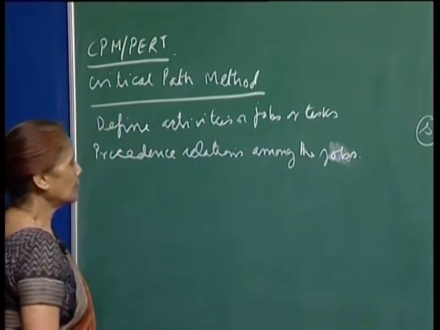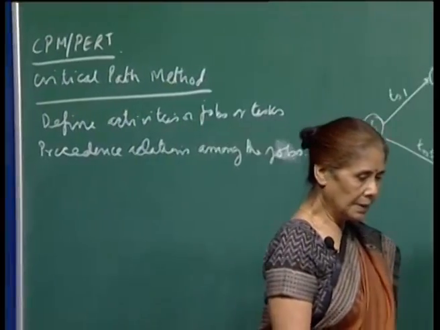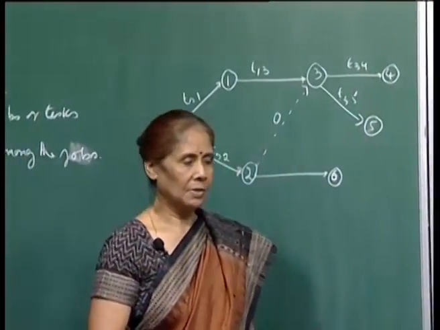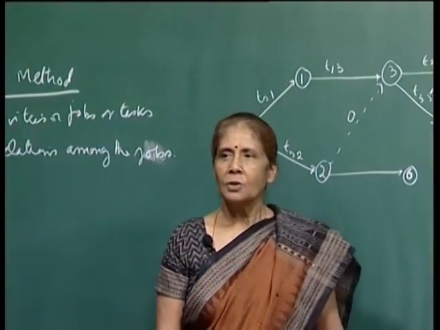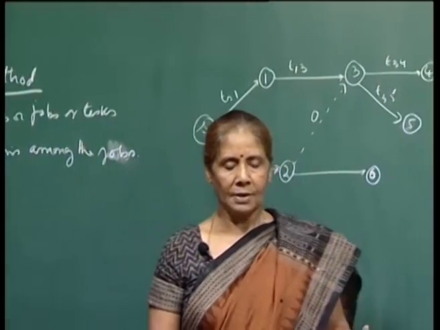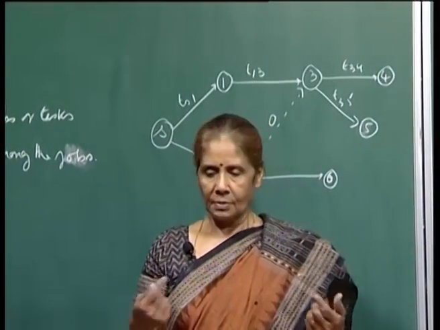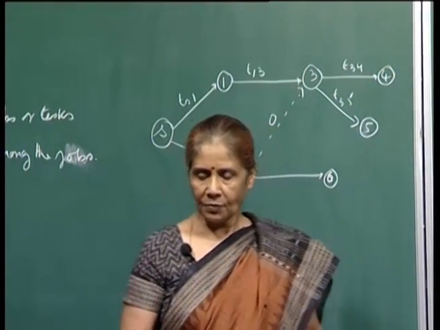Precedence relations among the jobs. Say, for example, let us say a tire has punctured on the way, you are going somewhere and a tire gets punctured. You cannot replace the tire unless you take out the stepney from the dicky of the car, right.